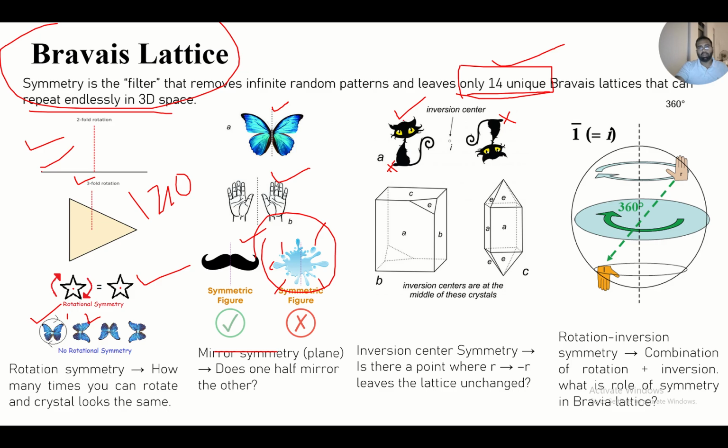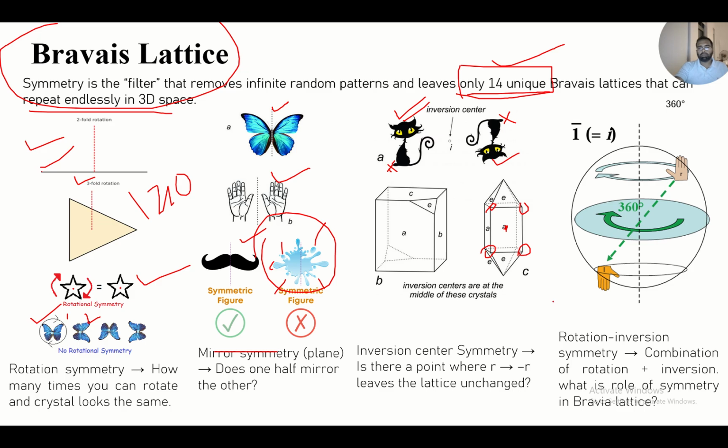Look at this and this. In this case, you can see this corner is similar to this corner along this point, and this corner is also similar along this point. So here you can understand the inversion center symmetry.